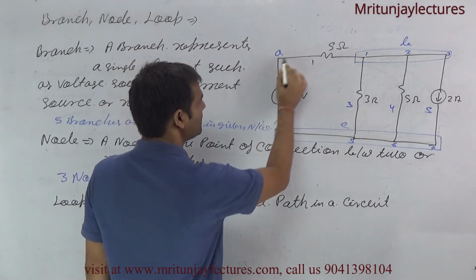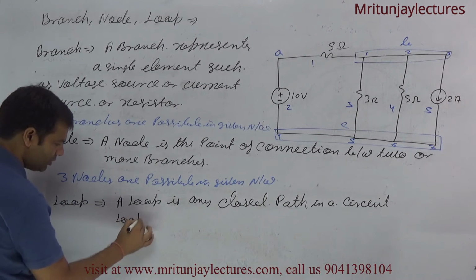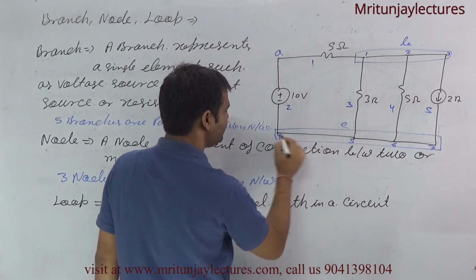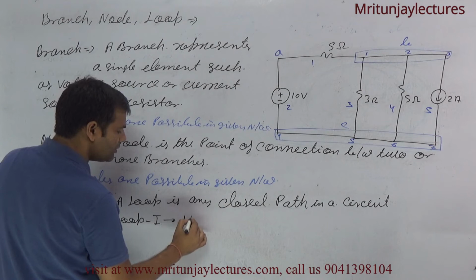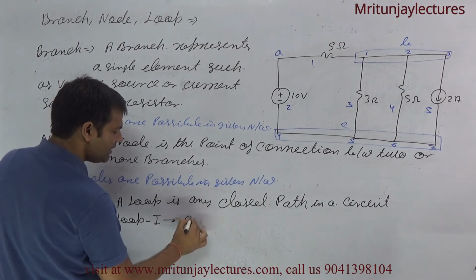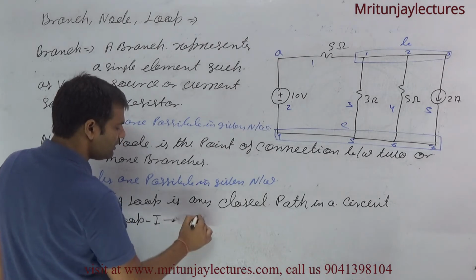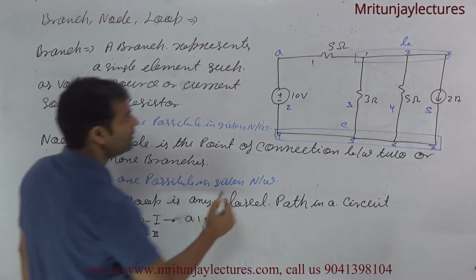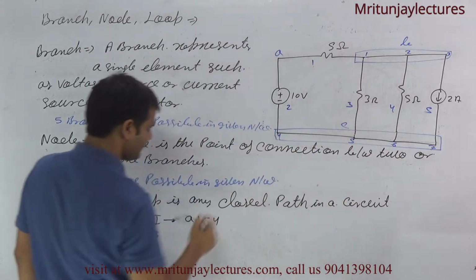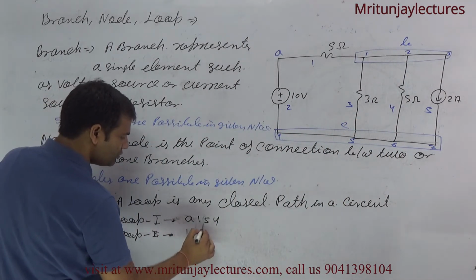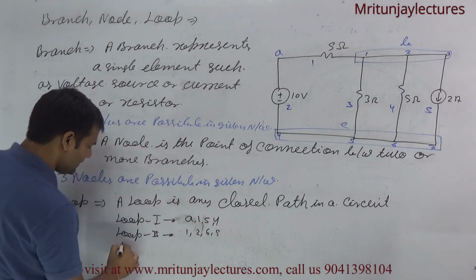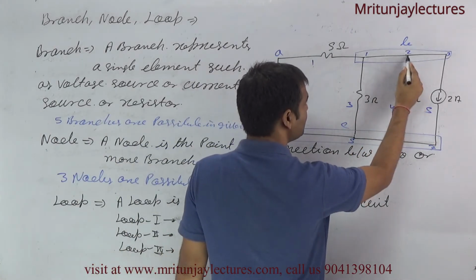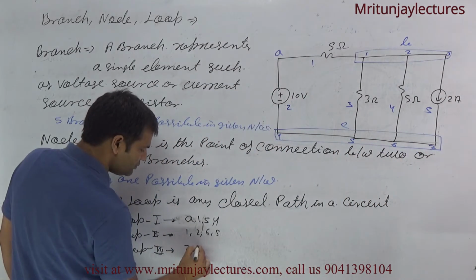How many loops are possible in the circuit? First one, loop 1, A154. Loop 2, 1265. And loop 3, 2376.